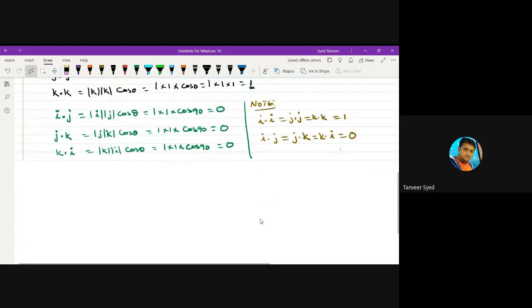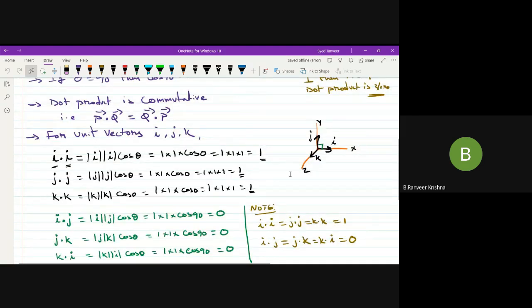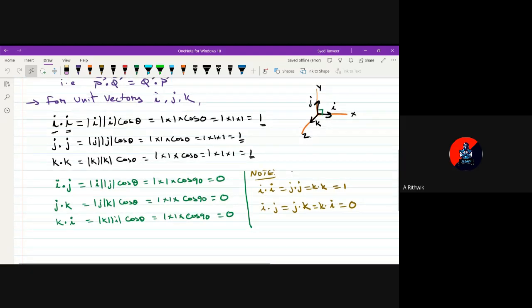Next. Sir, once can you scroll up? Yes, sir. Okay, sir. 1 minute. Sir, what is the answer of i into j into k? You multiply i into j, you will get 1. You multiply that 1 with k, what do you get? 1, sir.